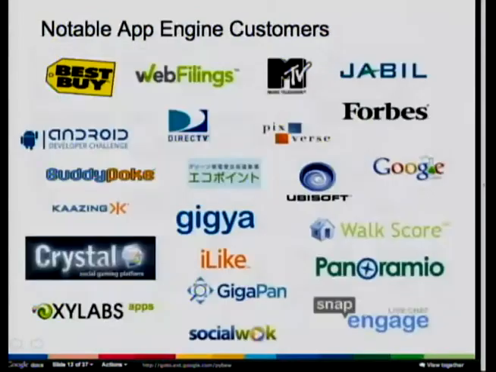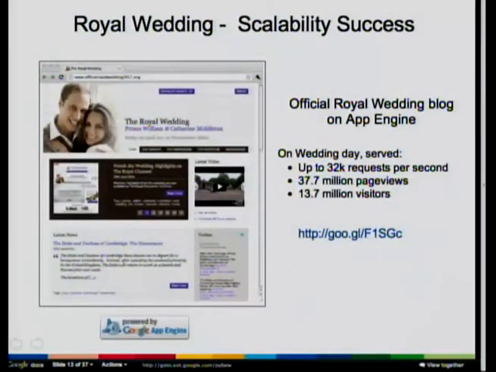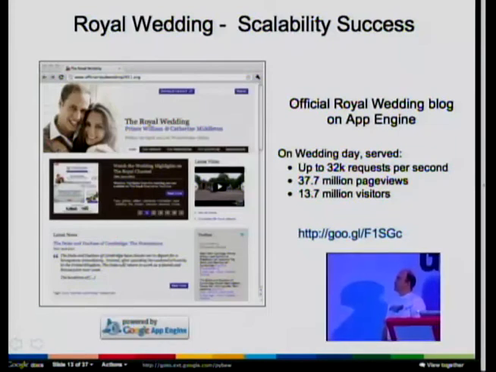You may have noticed the royal wedding had an official blog, and if you followed the blog, it would give you the links to go and watch the overall proceedings of the royal wedding. App Engine was fortunate enough to serve as the official blog, and one of the things that we feel very proud of is that it was able to handle staggering numbers of traffic, up to 32,000 requests per second.